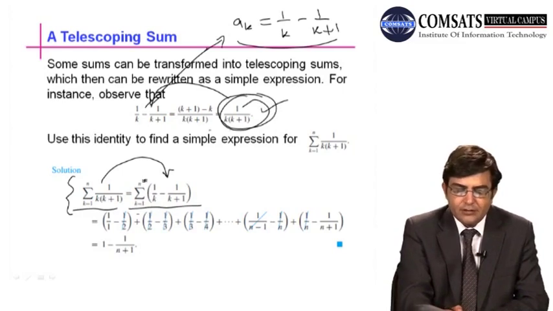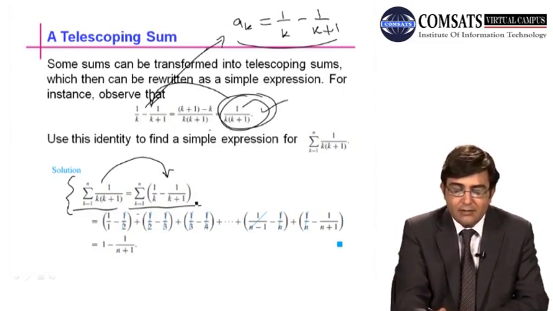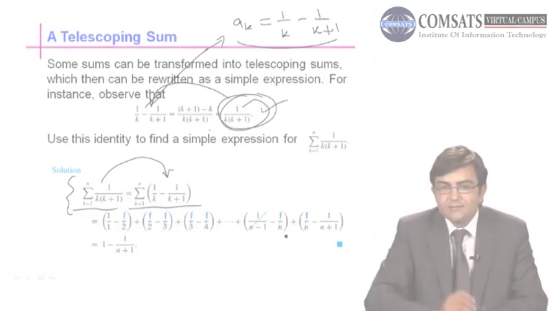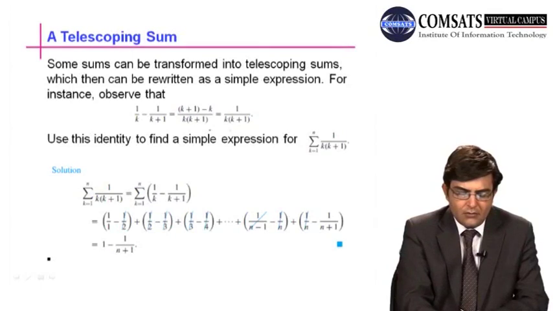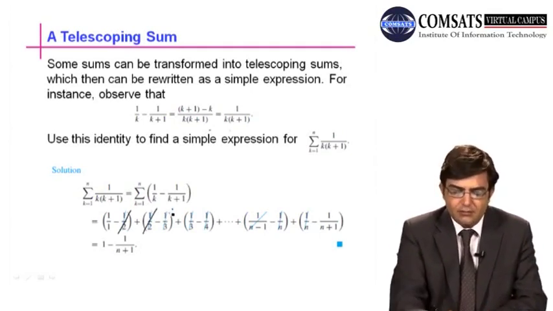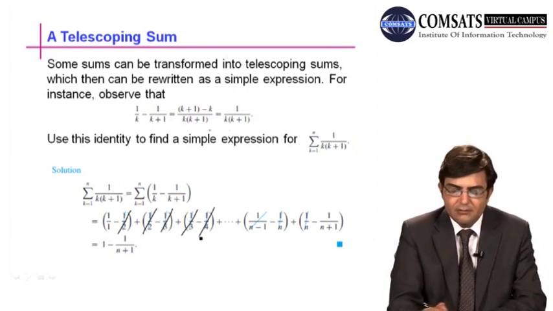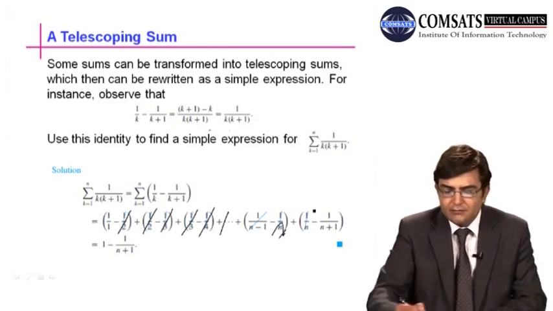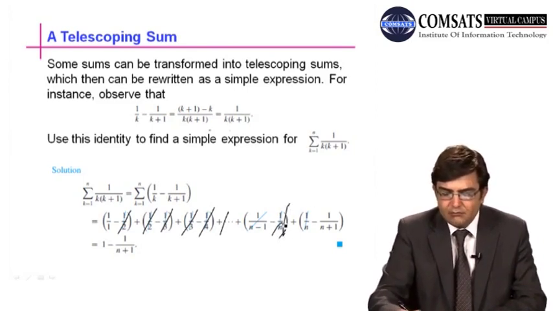Here k is varying from 1 to n, and we have 1 over k minus 1 over k plus 1. If we put k is equal to 1, we get 1 over 1 minus 1 over 2, plus 1 over 2 minus 1 over 3, plus 1 over 3 minus 1 over 4, and so on until the end. Minus 1 over 2 cancels out with plus 1 over 2, minus 1 by 3 with plus 1 by 3, minus 1 by 4 with plus 1 by 4, and similarly minus 1 by n with plus 1 by n.